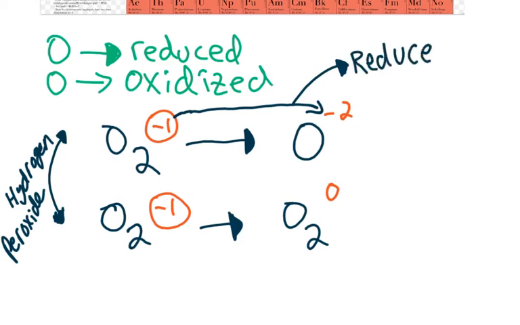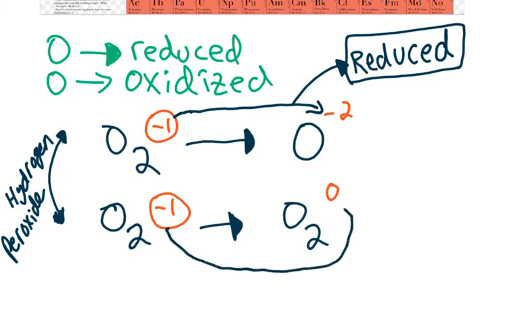We're getting added a negative charge, right? That's what reduced means. We're gaining an electron. Okay, and over here in hydrogen peroxide again, it goes from a -1 charge to a diatomic oxygen. Remember, any element in elemental form in a reaction will have an oxidation number of 0.